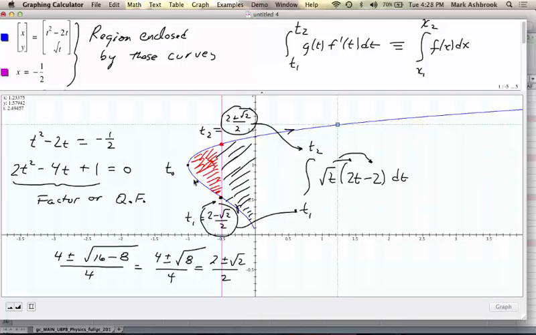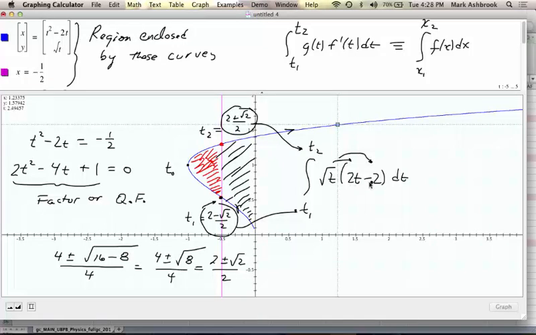And then as you go from t0 to t2, it's going to give you plus all the area underneath this curve. And so when you do all the area underneath this curve, plus the opposite of what's underneath this, you get exactly what's in the red. You see that? So it does it automatically. As you go from t1 to t2, it will give you that exact area right there.